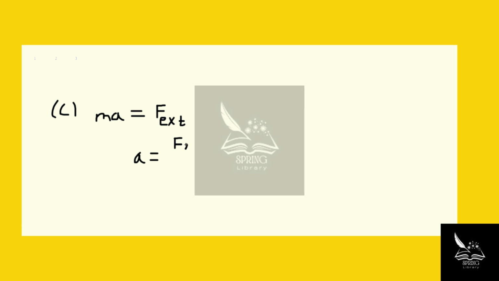Therefore, A is equal to F external divided by m. F external divided by m comes out to be 7.50 meters per second squared. We can go ahead and box that in as our solution.